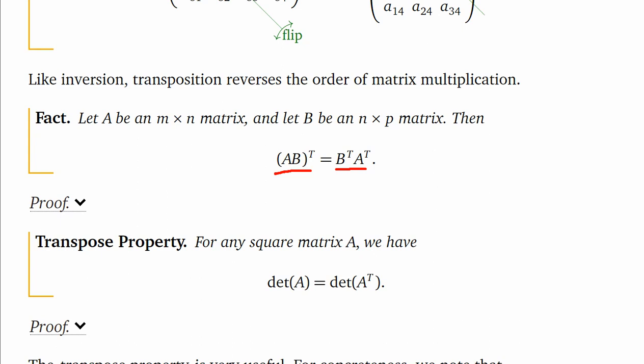Some people call this the shoes and socks principle: if I put my socks on first, and then my shoes, and then take the transpose, to take them off, I have to take my shoes off first, and then my socks. So the order gets reversed when I distribute this. It's like distributing the transpose to the two matrices. The matrices have to reverse order.